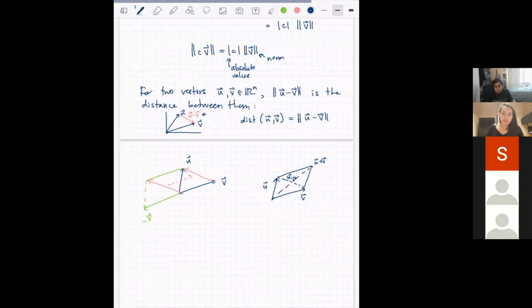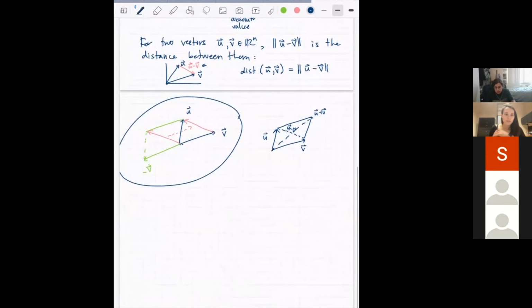So if you don't like thinking of it this way, you can think of it this way. Okay, so we have this distance formula now, right?